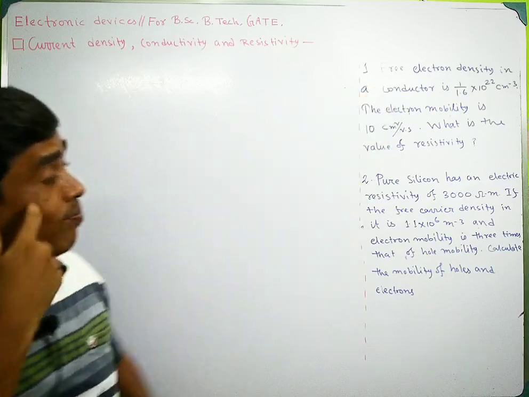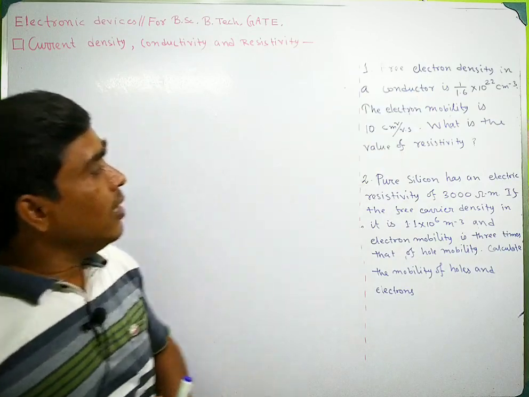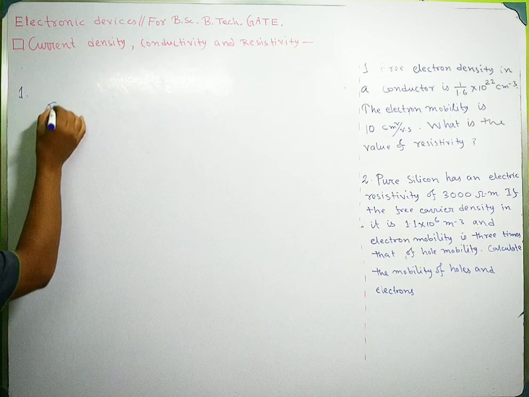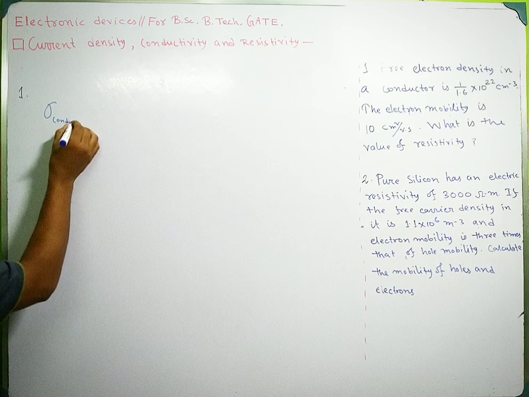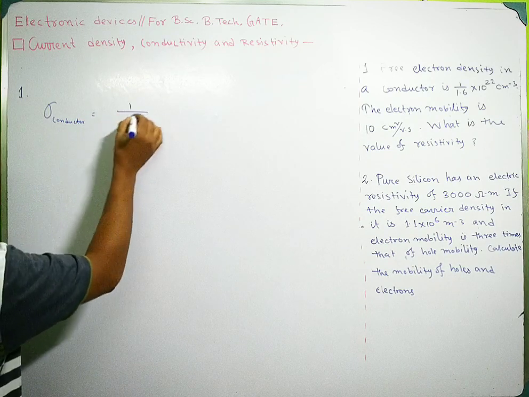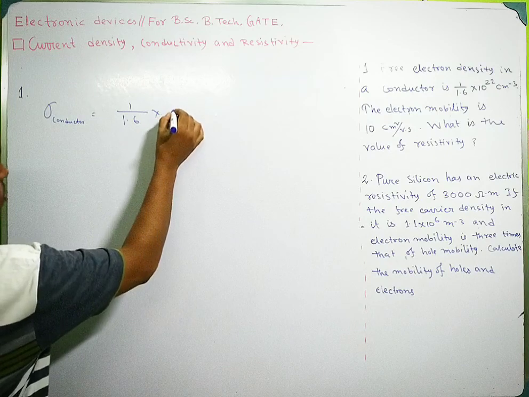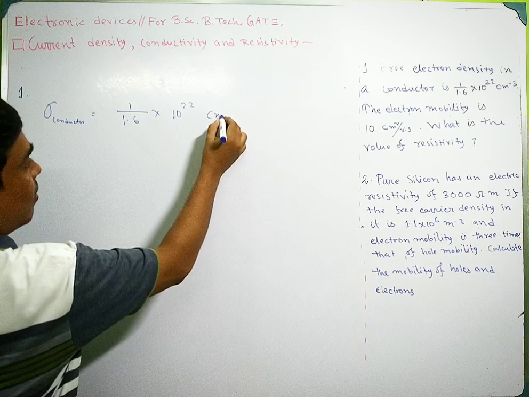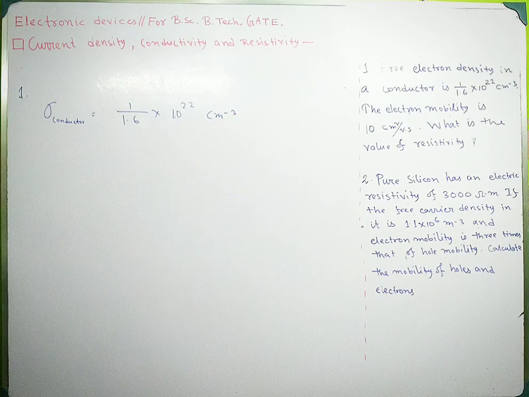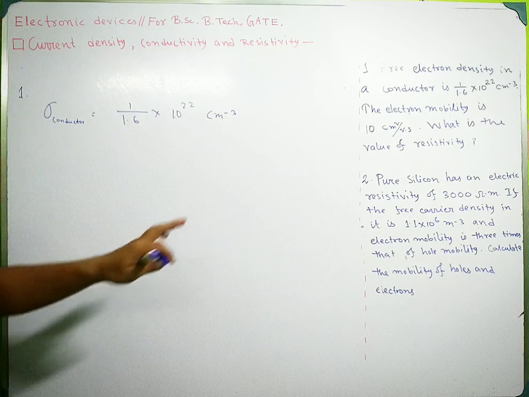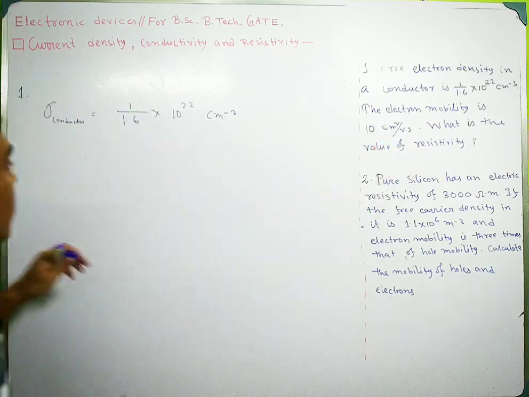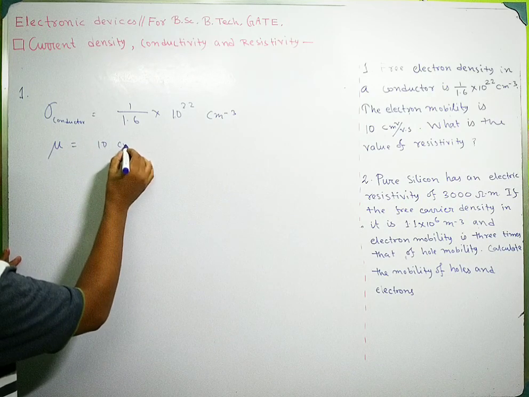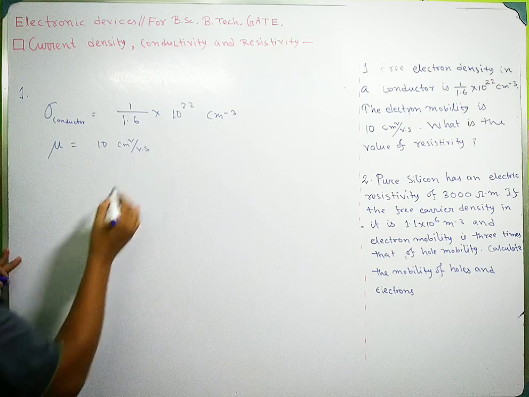Problem number 1. Free electron density in a conductor is given as 1.6 into 10 to the power 22 per cm cubed. Electron mobility mu is 10 cm square per volt second.